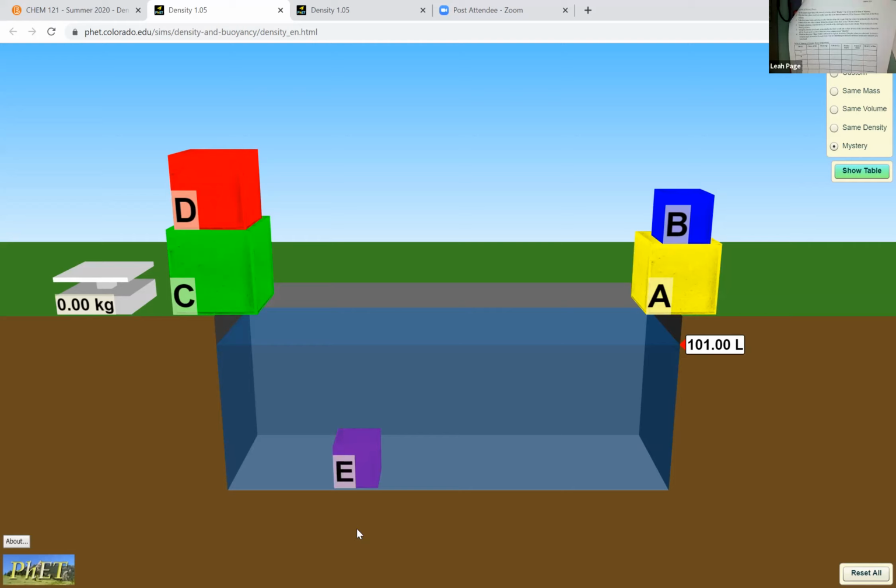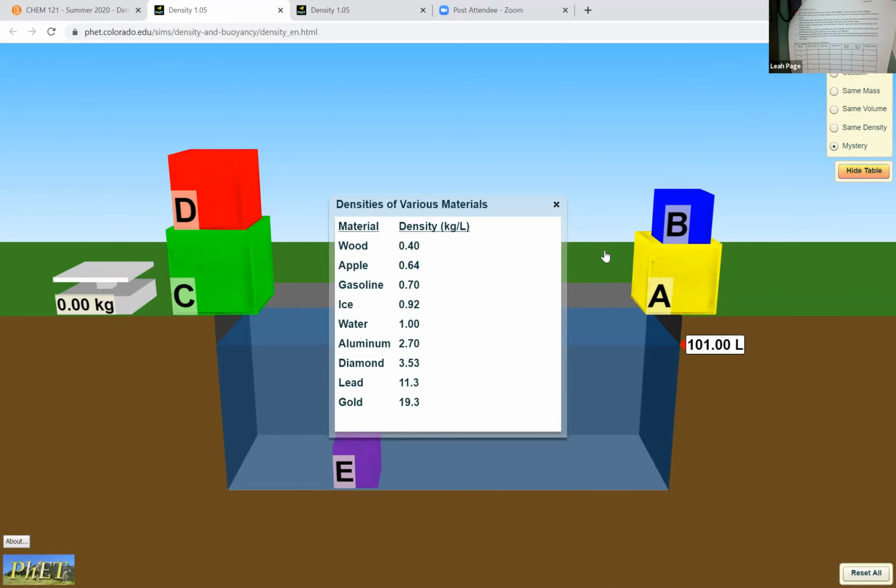All right, so we know the mass, we know the volume. We can divide the two, and when we divide the two, we get the density. We say whether it sinks or floats. In this case, it's going to sink. And then when it says to write the identity of the box, all we have to do is go to show table, and it's going to say these are the different boxes that this could be.